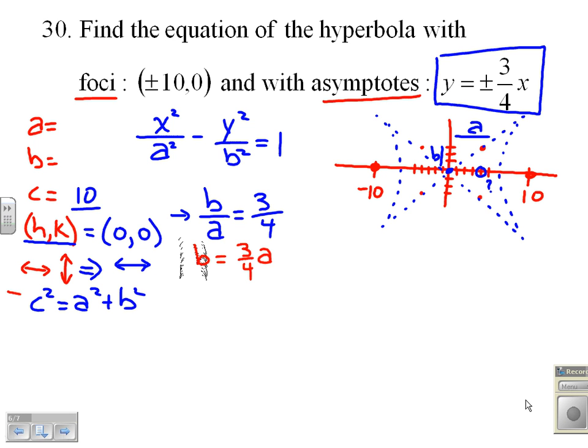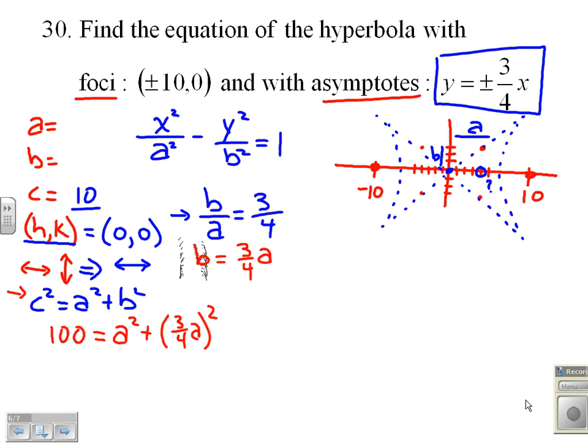Come back to this equation. I know C is 10, so C squared 100 equals A squared plus, in place of B, I could put 3/4 A squared.